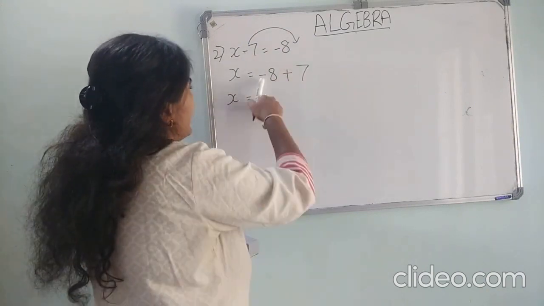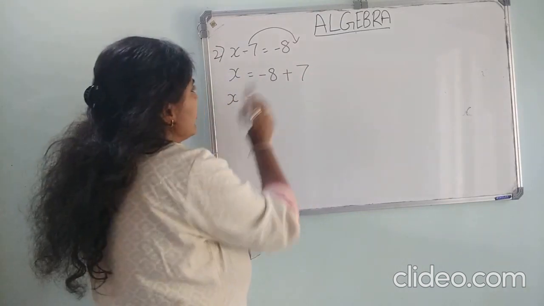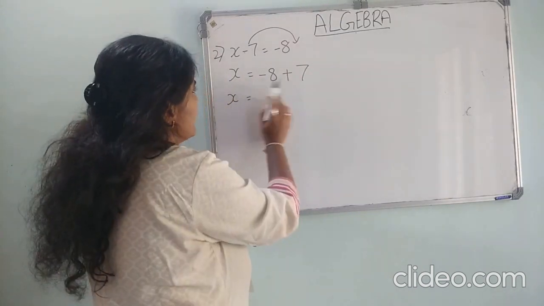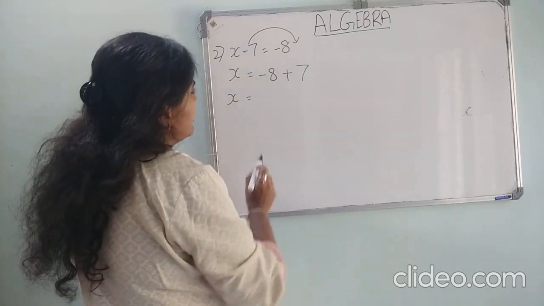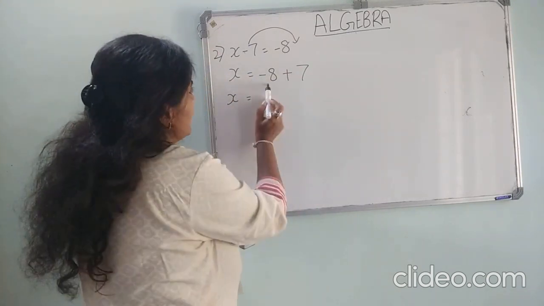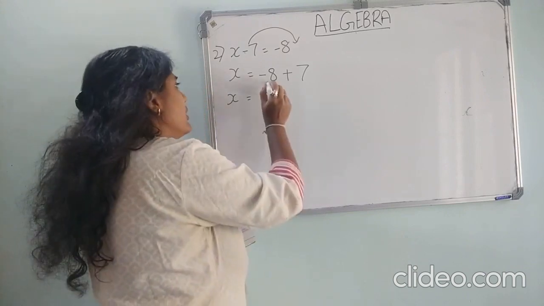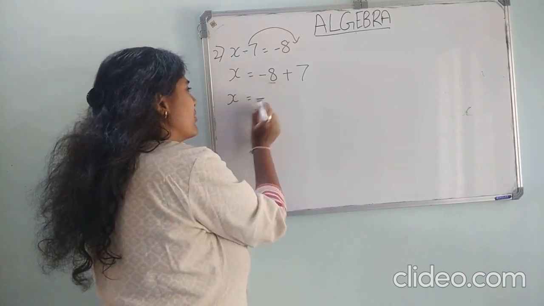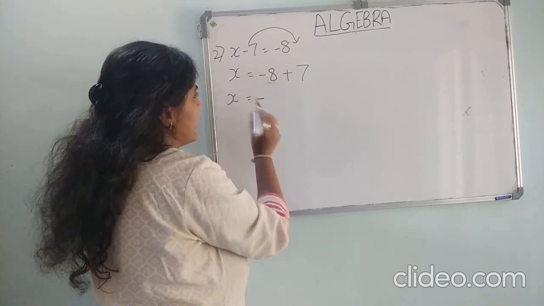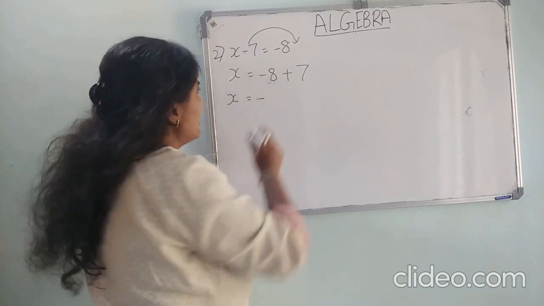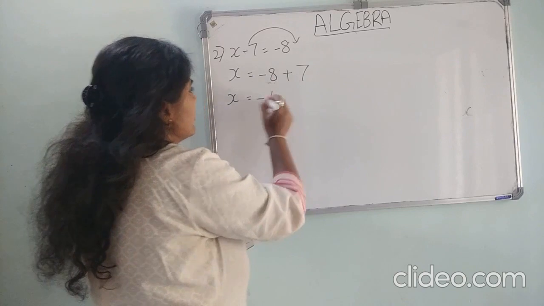When you find minus and plus, we have to always do subtraction, and the bigger number is 8. So the answer will also get that sign only. The sign of 8 is minus, so the answer will also get minus only. So 8 minus 7 is 1.